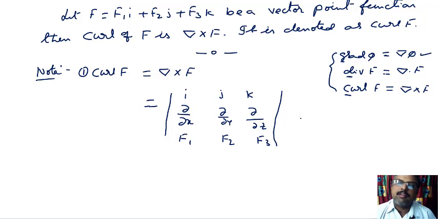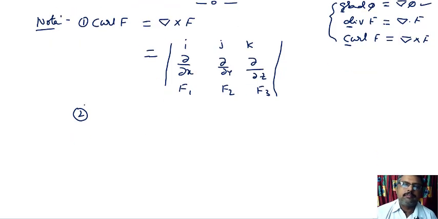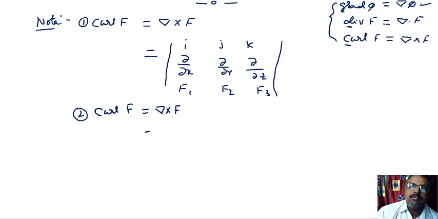Now this is the simple working procedure for finding the curl: the determinant of i, j, k, dou by dou x, dou by dou y, dou by dou z, f1, f2, f3. Now the second note. What is del cross f? Del means i dou by dou x plus j dou by dou y plus k dou by dou z, cross f.